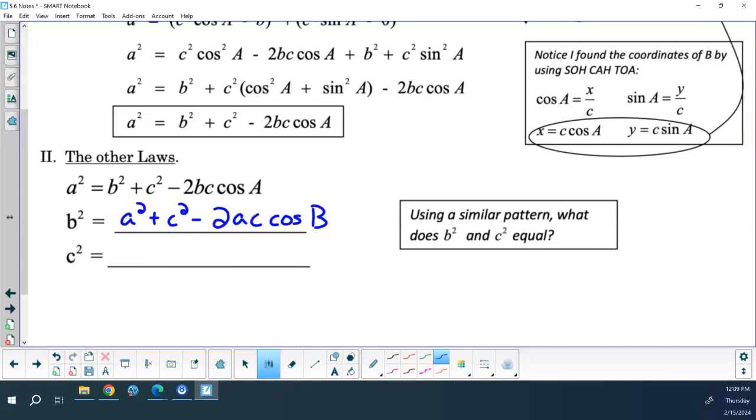I will be honest with you, it wasn't until a few years ago that I actually finally memorized the law of cosines, because I had always just memorized the pattern. And the pattern is that when you write it out, it's bookended by the same letter. A is over here, A is over there. B is over here, B is over there.